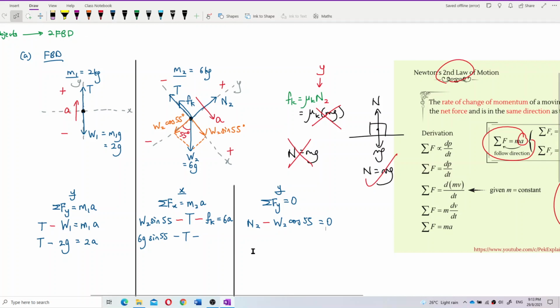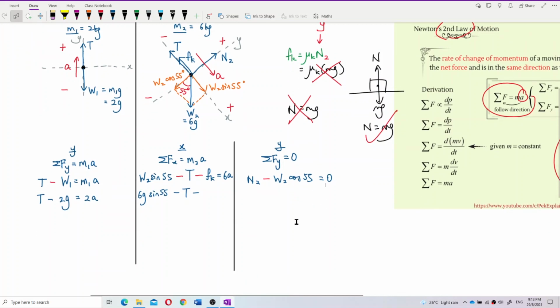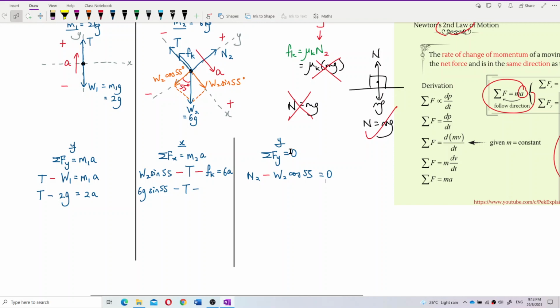You can use N2 minus W2 or W2 minus N2. Both are accepted because it all equals 0. If there is no acceleration, it doesn't matter which one minus which one.